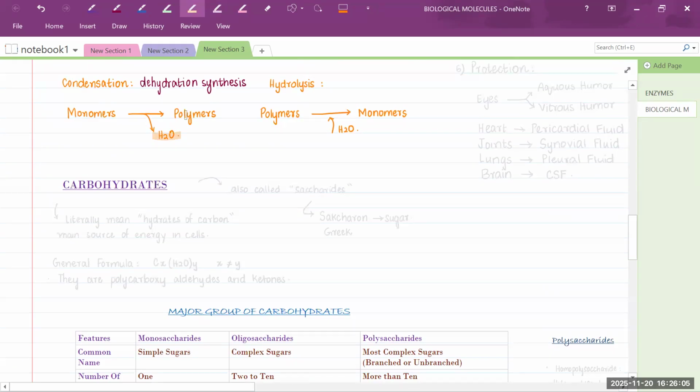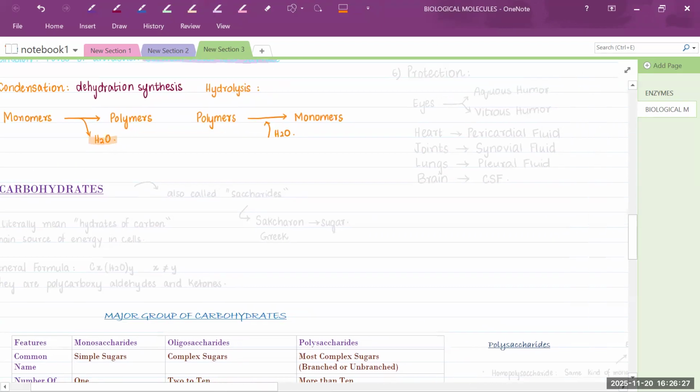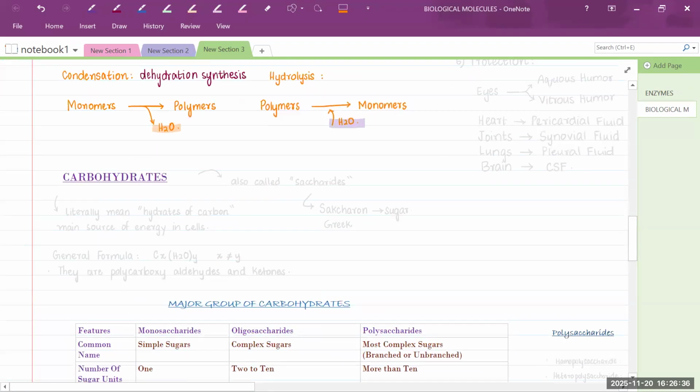For example, this is a monomer and this is a monomer. If we combine these two and remove a water molecule from here, we'll get a polymer, a bigger molecule than these two combined. And hydrolysis is the opposite of this. It is when we add water to polymers and we break those and we get monomers as a result.